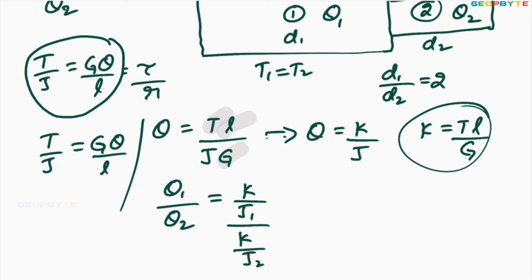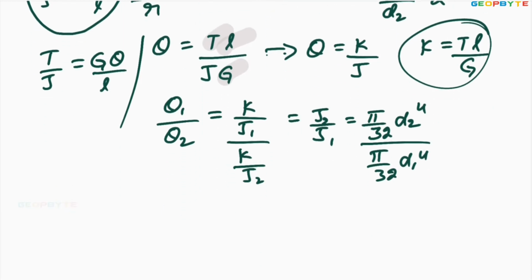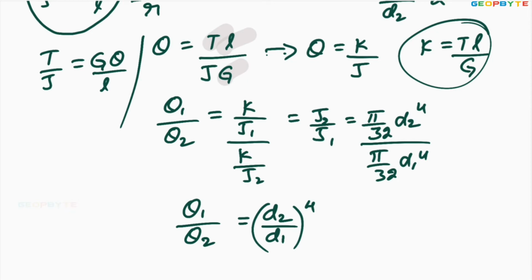K is constant. So it is equal to J2 by J1. But J2 equal to what? Pi by 32 into D2 power 4 divided by pi by 32 into D1 power 4. Finally, theta 1 by theta 2 is equal to D2 by D1 whole power 4.